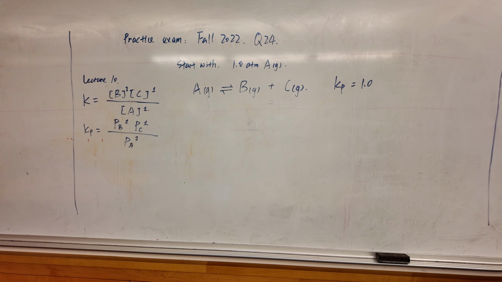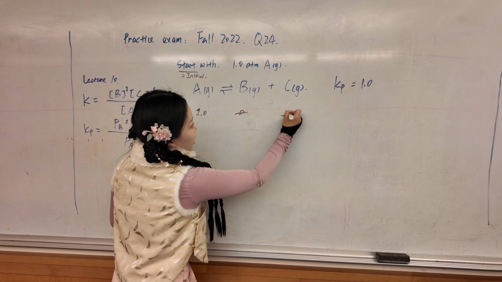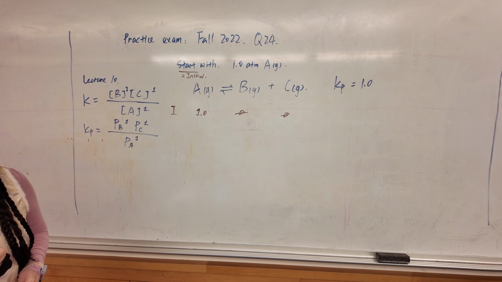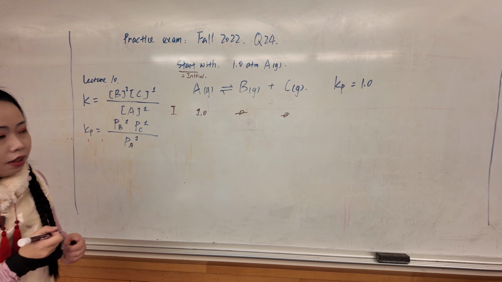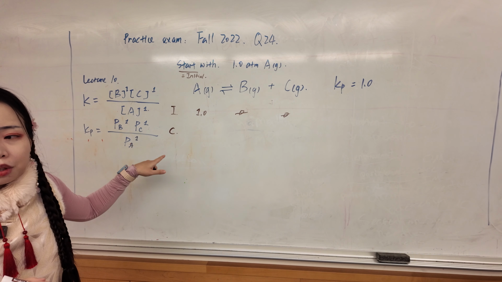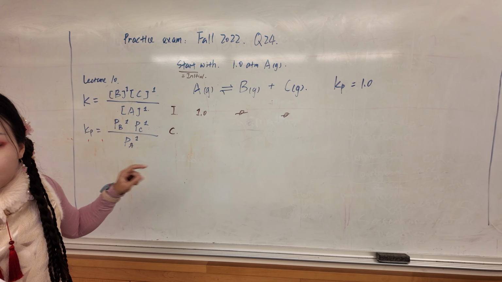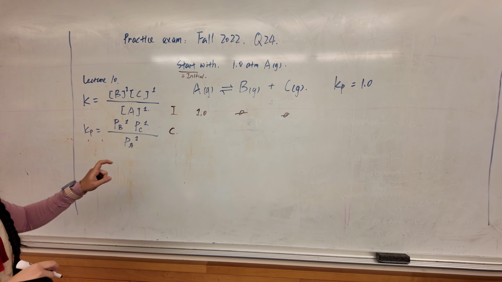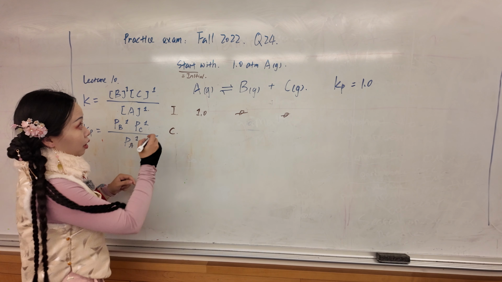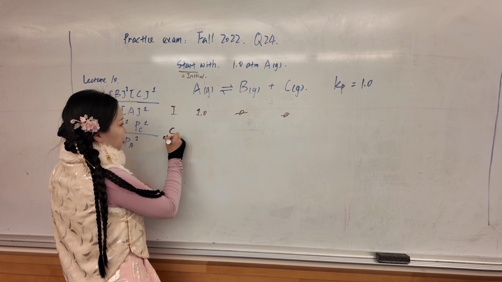And it starts with 1 atmosphere, so 1.0, and then everything else is 0, right? And in limiting reagents, I also have a table of how much you use, and that uses C for how much you change.